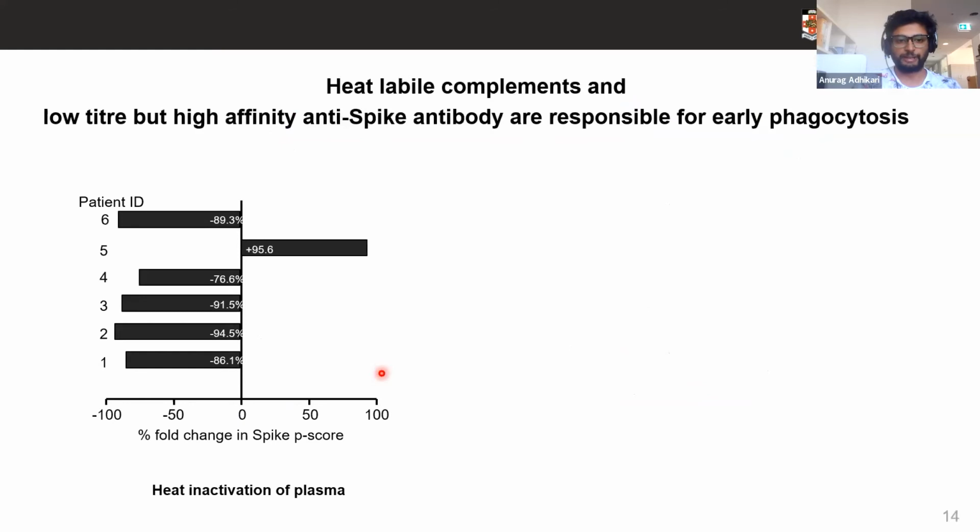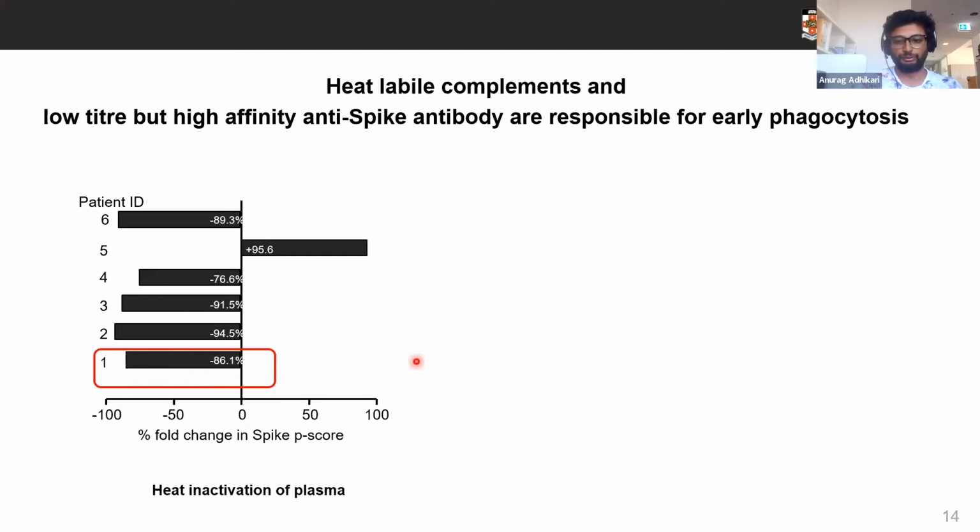So what we found was, whenever we would heat inactivate the plasma, I will show you a snapshot of the same patient that we had, patient 1, you would decrease the observed ADCP by more than 85%.